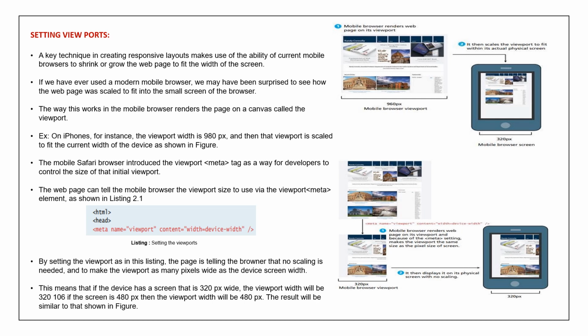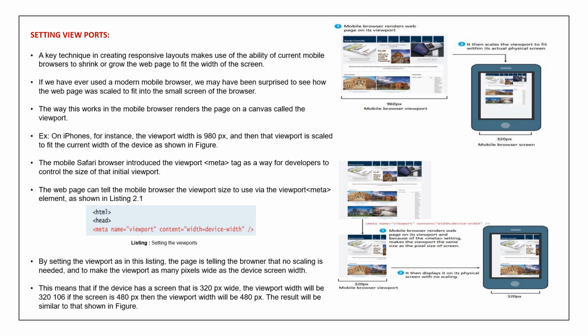The mobile Safari browser introduced the viewport meta tag as a way for developers to control the size of that initial viewport. The web page can tell the mobile browser the viewport size to use via the viewport meta element, as shown in the listing. Tag HTML, tag head, tag meta name equals viewport content width equals device width.